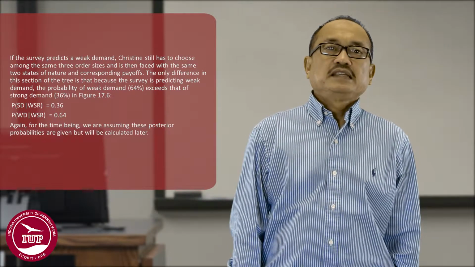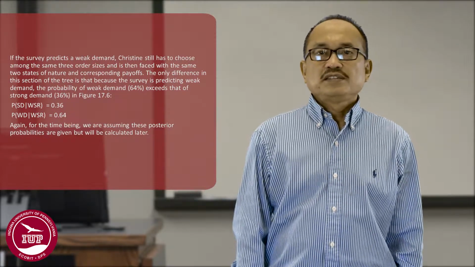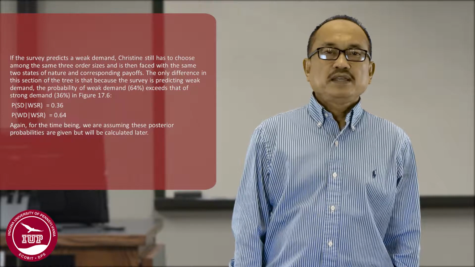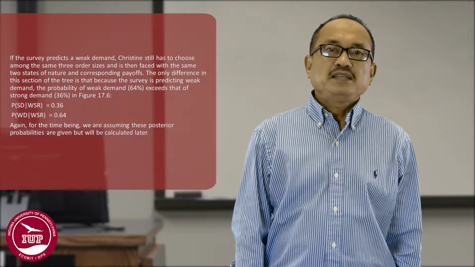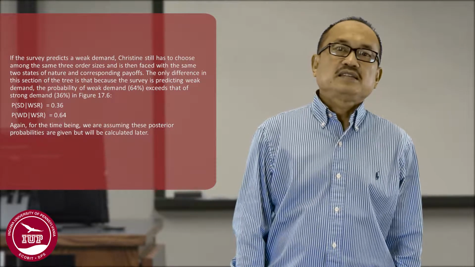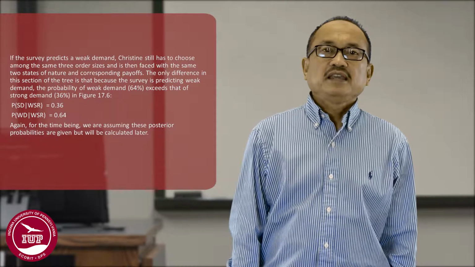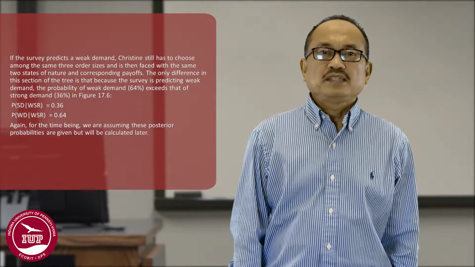The only difference in this section of the tree is that because the survey is predicting weak demand, the probability of weak demand, 64%, exceeds that of strong demand, or 36% in figure 17.6.